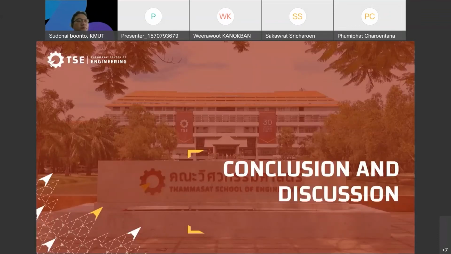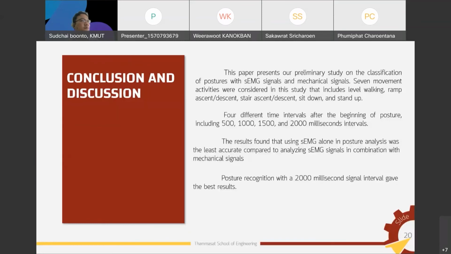Here is the last topic, conclusion and discussion. This paper presents our preliminary study on the classification of posture with SEMG signal and mechanical signal for 7 movement activities, at 4 different time intervals after the beginning of posture, including 500, 1000, 1500, and 2000 millisecond intervals.